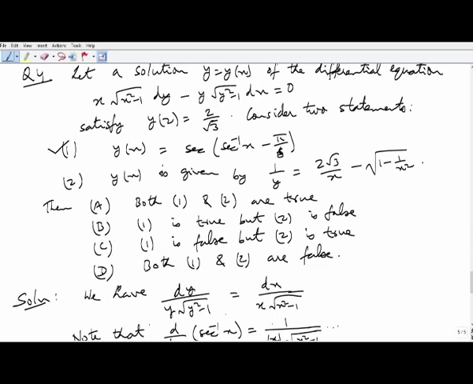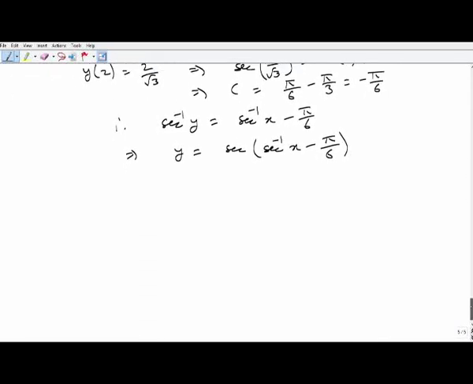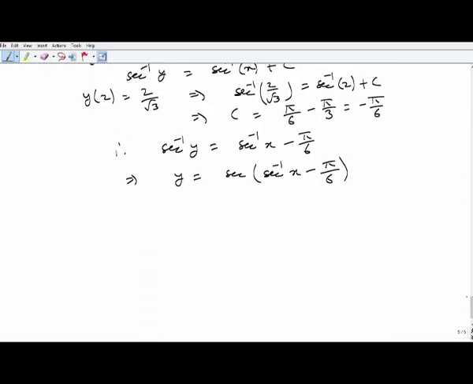So, in statement 2 we are given 1 by y. So, if we see, we know y is equal to secant of (secant inverse of x minus pi by 6), this is correct.